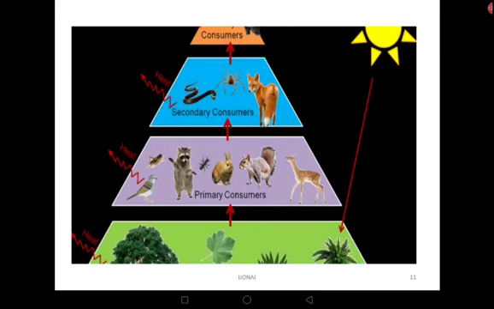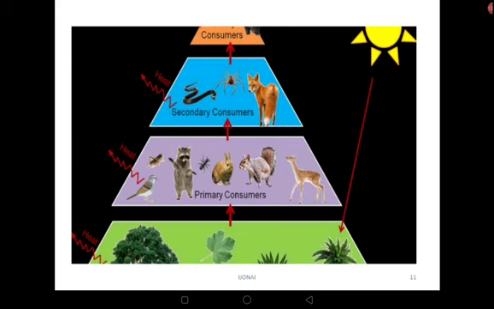In simple terms, the primary producers are eaten by primary consumers. Primary consumers are eaten by secondary consumers. And secondary consumers are eaten by the tertiary consumers.